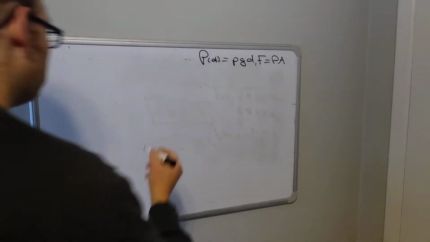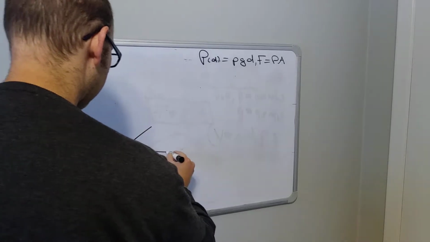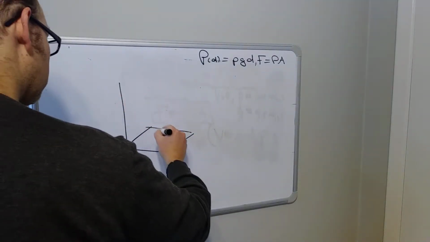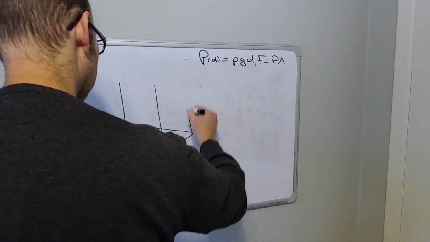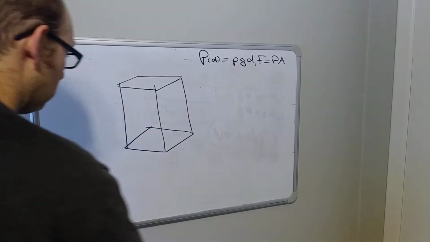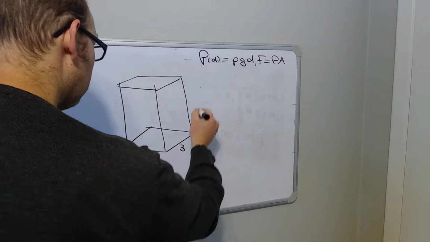Okay, so suppose we have an aquarium. And let's give it some dimensions. So let's say this is 2 by 3 by 4.